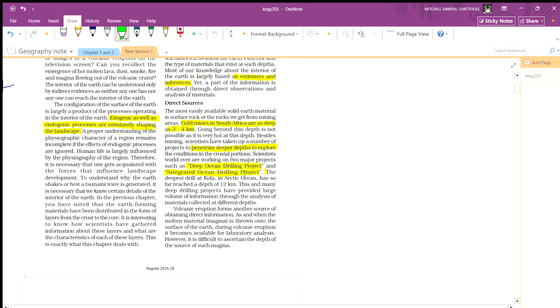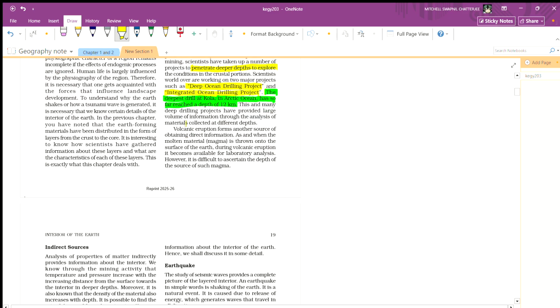The deepest drill is at Kola, in the Arctic Ocean, which has so far reached a depth of 12 kilometers. This and many other drill projects have provided a large volume of information through the analysis of material collected at different depths.